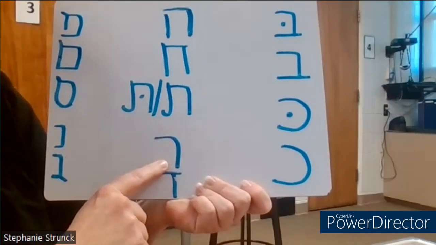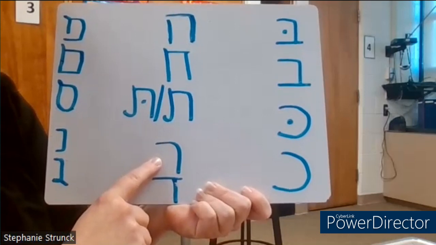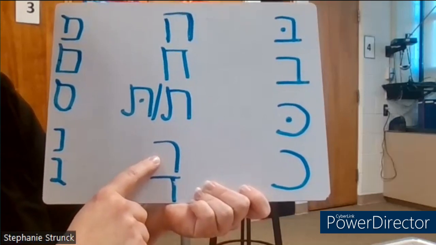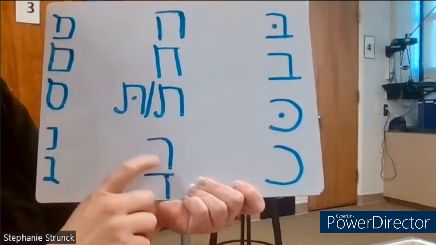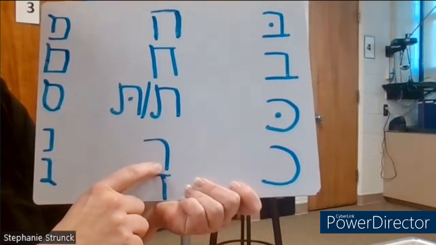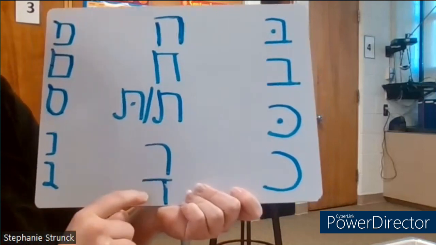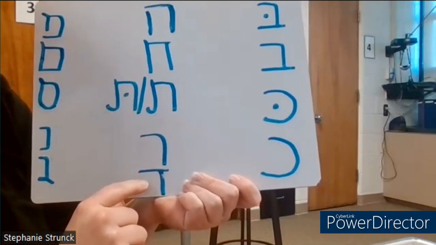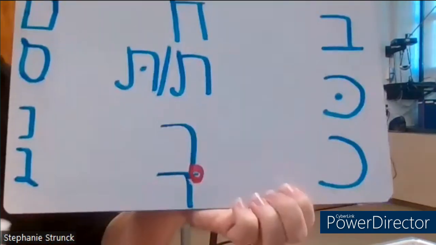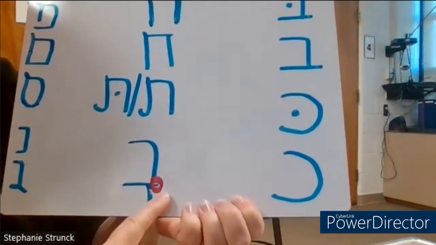I say resh is a backwards R. And if you work with another one of my helpers in class, he says resh rolls around the corner here. For dalet, I say, remember that little tail that sticks out.